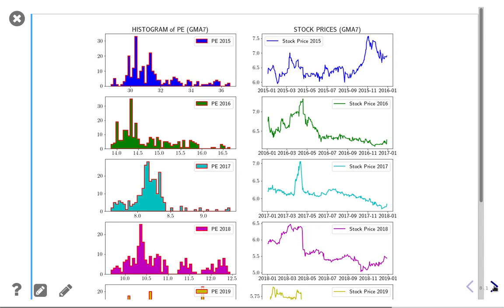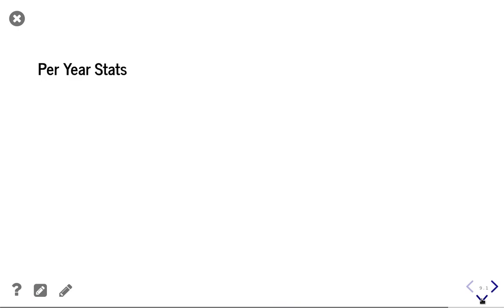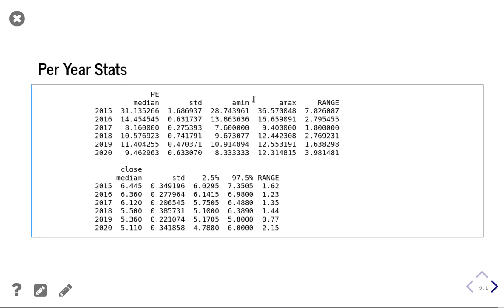The next one is the per year statistics. In this table you can look at the price to earnings ratio median. You can see that from 2017 up to around 2020, the price to earnings ratios are almost the same. Look at the maximum range of the P/E ratio here.